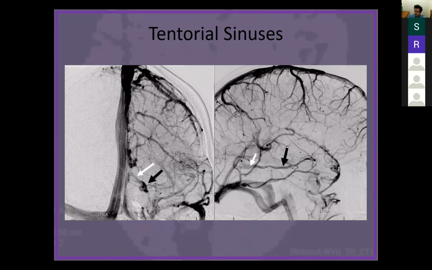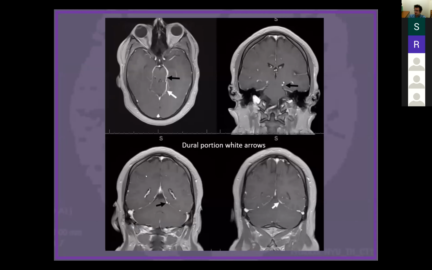You see this flattened channel here? This is the basal vein. The black arrow points to the mesencephalic segment of the basal vein. And then at some point, it's going to connect to a sinus, a tentorial sinus, and that's the tentorial sinus segment. Again, we'll cover the importance of that a little bit later.